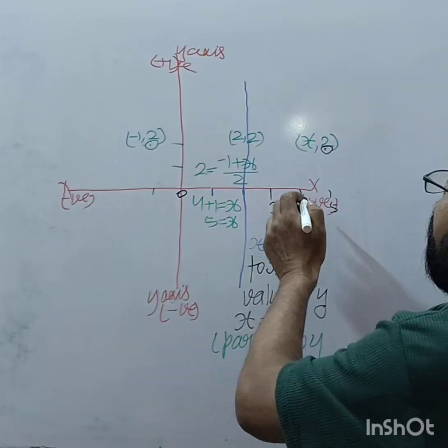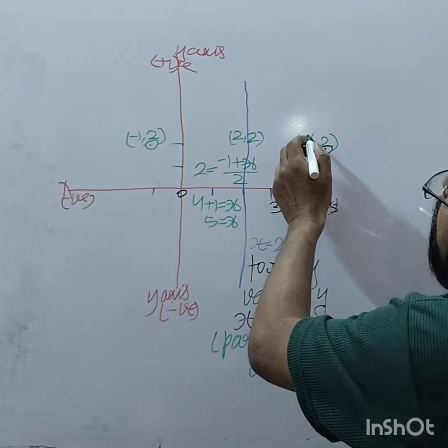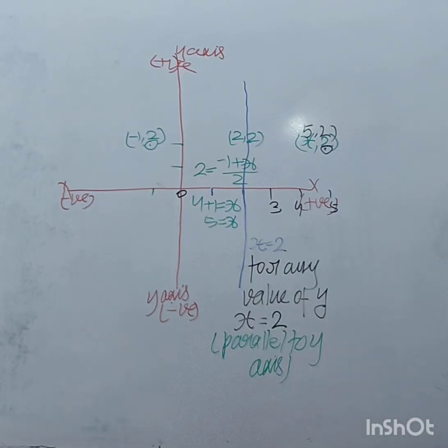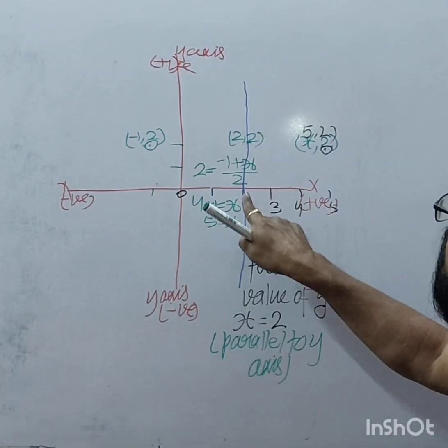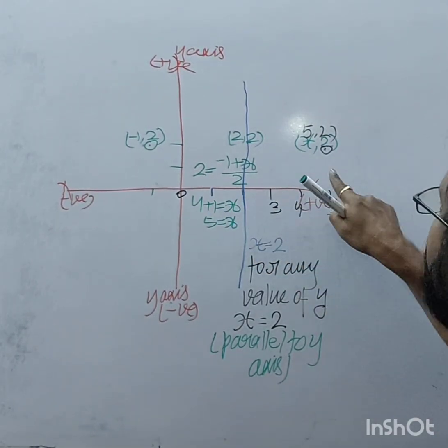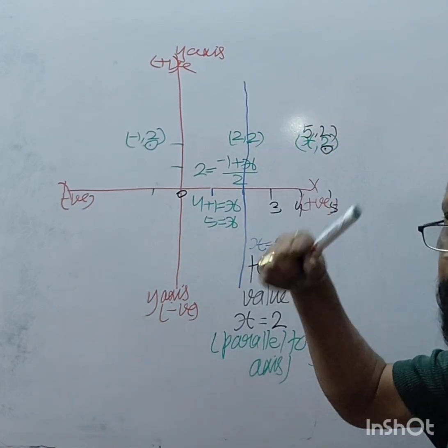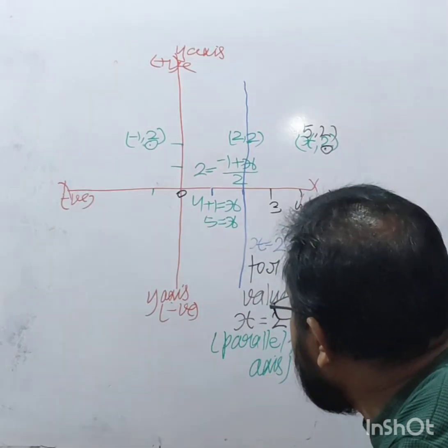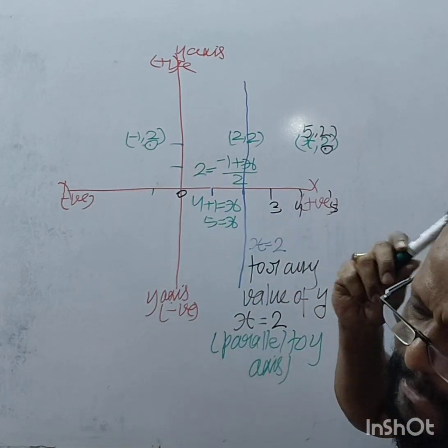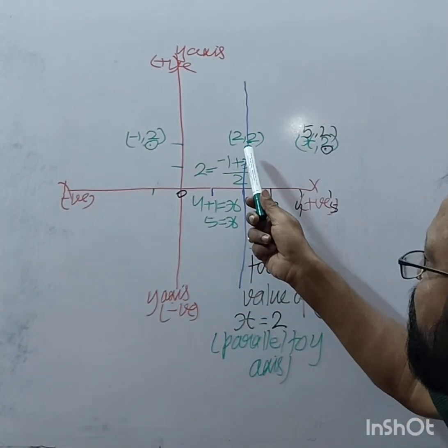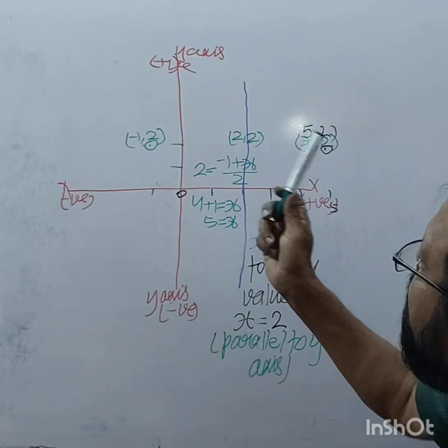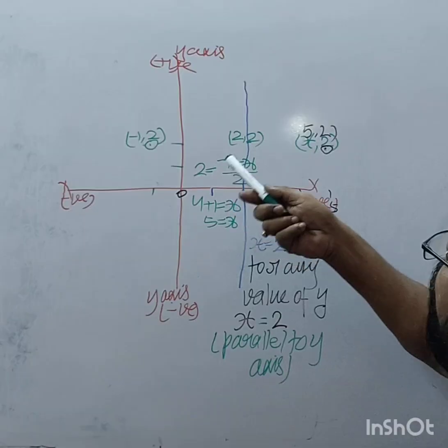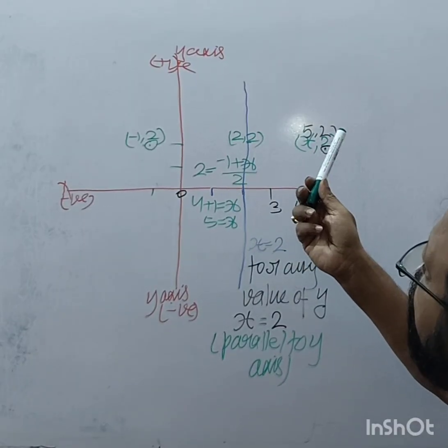The reflection with reference to this line, this value will be 5, 2. Reflection is from x is equal to 2. So 5, 2, because when reflection occurs through the y-axis, then y is constant, but the sign of x will be changed. And what will be the value of y?